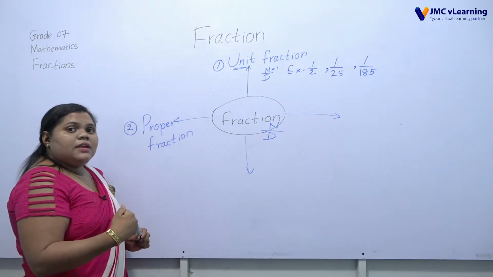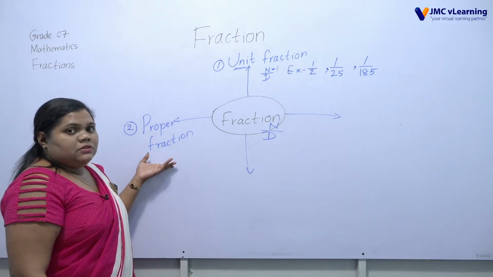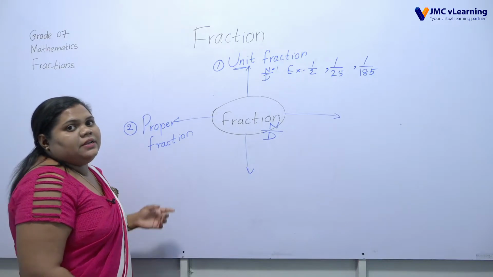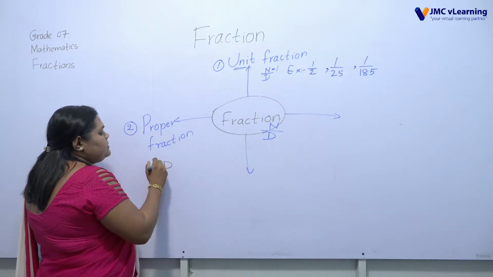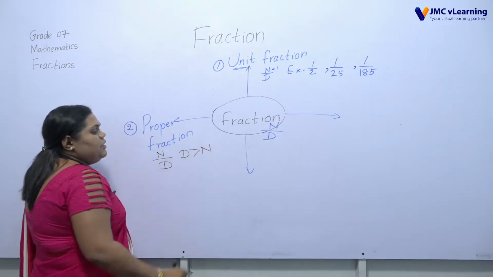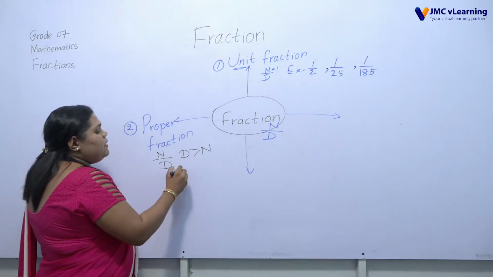The denominator is the down one, the numerator is the upper one. When we talk about a proper fraction, the denominator is always bigger than the numerator. Always the down number is bigger than the up number.